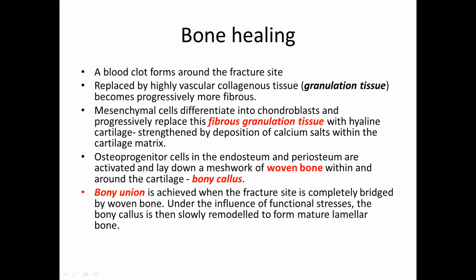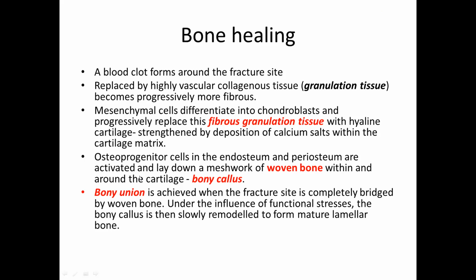Now let's learn about bone healing a little bit. We discussed this earlier as well during our previous practical session when students asked questions. Now bone healing: when the fracture occurs, what happens first is that as bone is extremely vascular, blood will flow and a blood clot will form around the fracture site. This blood clot will be replaced by highly vascular collagen tissue, which we call granulation tissue.